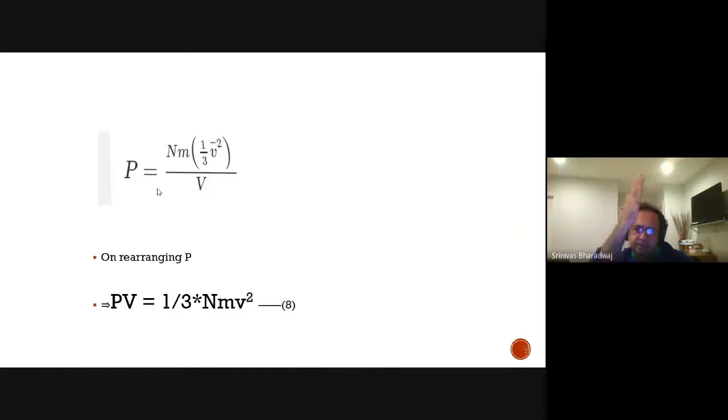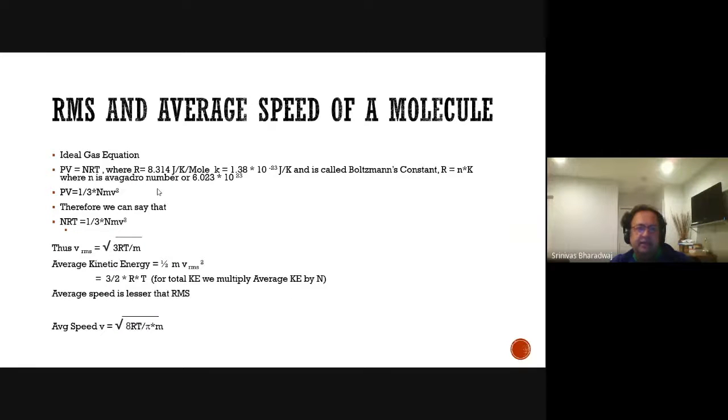So the pressure on one wall was 1/3 N m v square. This is a very important rule. PV equals nRT, therefore nRT equals 1 by 3 N m v square, right?